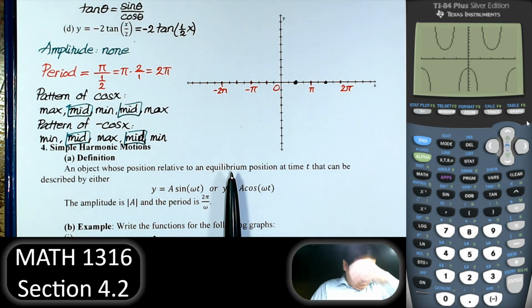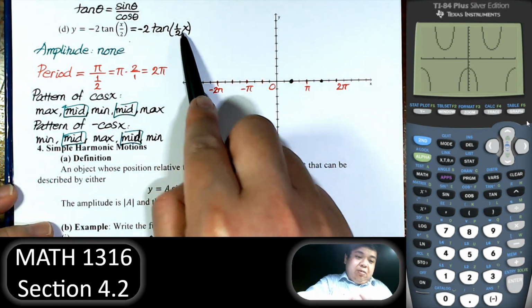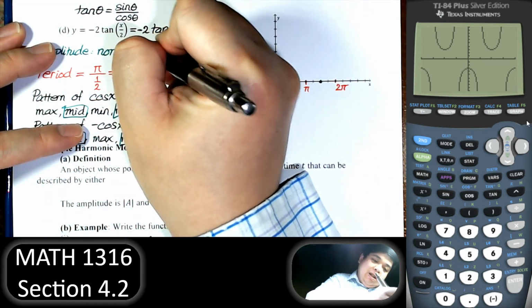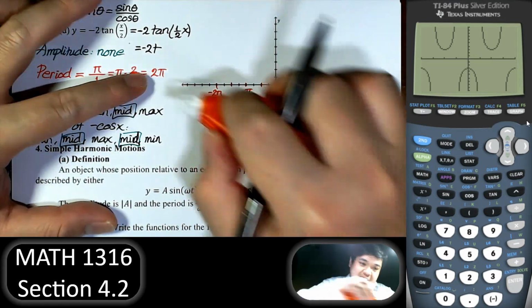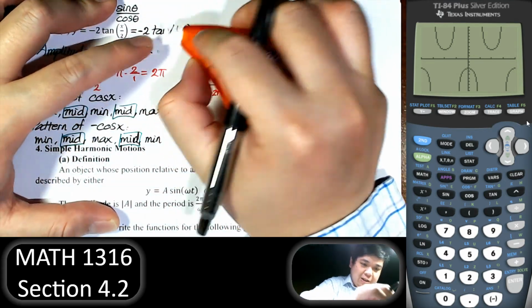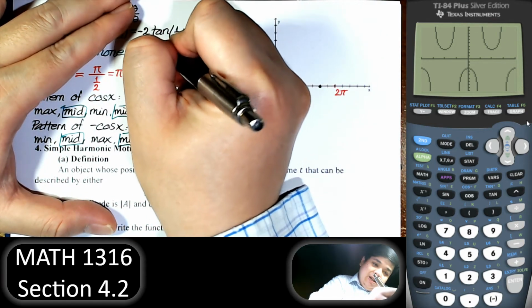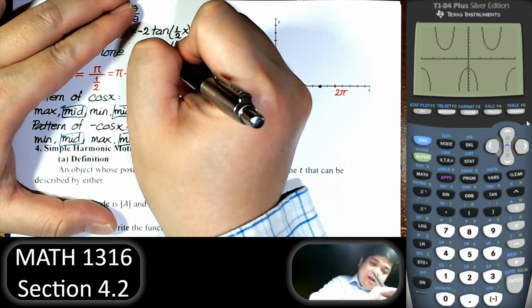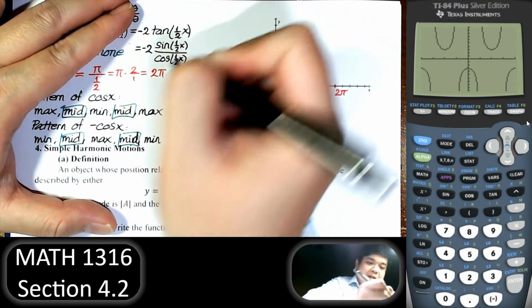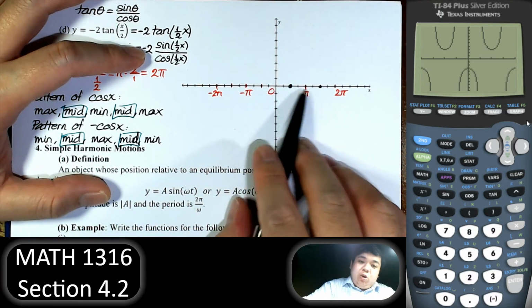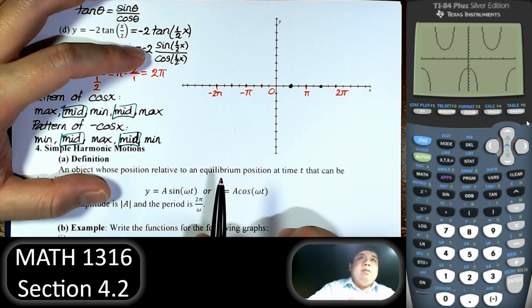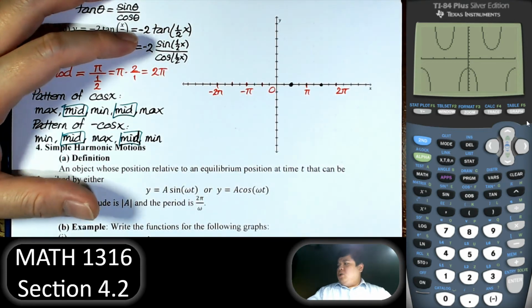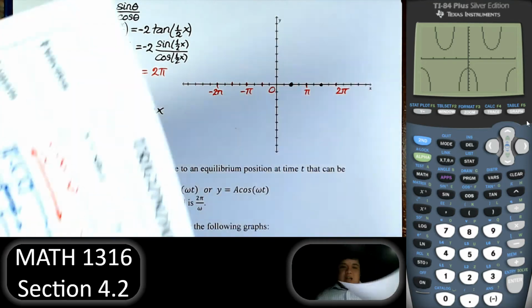Remember, this is the tangent of 1/2 x. So if we have to rewrite this, it should be sine of 1/2 x over cosine of 1/2 x. So the middle is not going to be those two, because that function is for cosine of x. This is cosine of 1/2 x, and that is different.